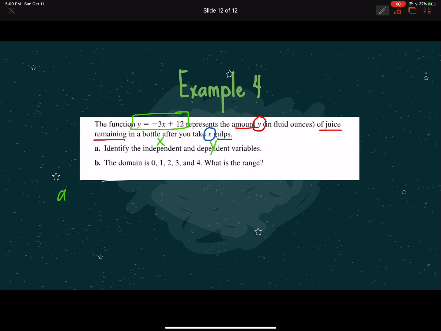So for our response for part A, we're just simply going to state it as a dependent sentence.